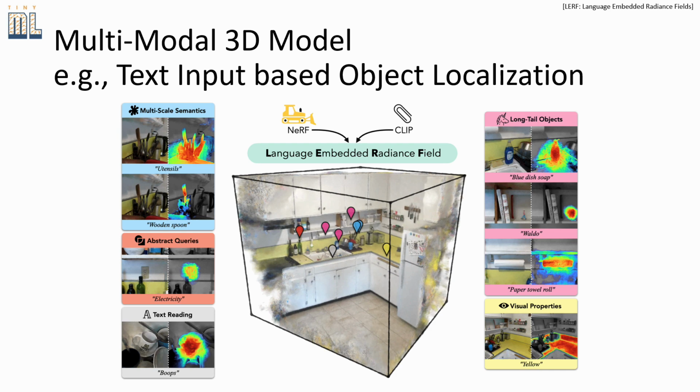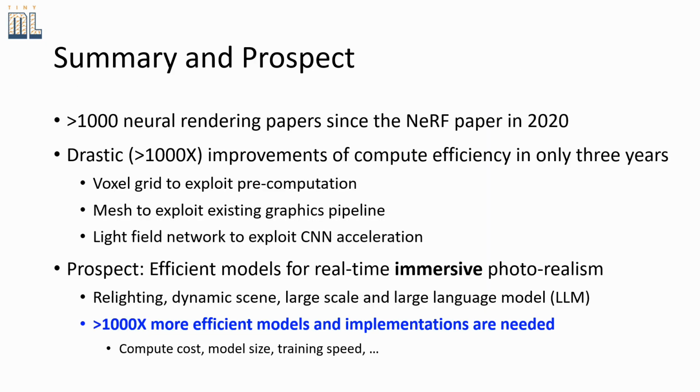So in this case, if you give the name of some object you want to localize in that scene, and we render the image, the target object will be highlighted, as you can see in these examples. But to do that, we need additional computation to run probably a language model together with the neural rendering model. So that's why I mentioned that we still have a very long way to go to enjoy real-time immersive photorealism.